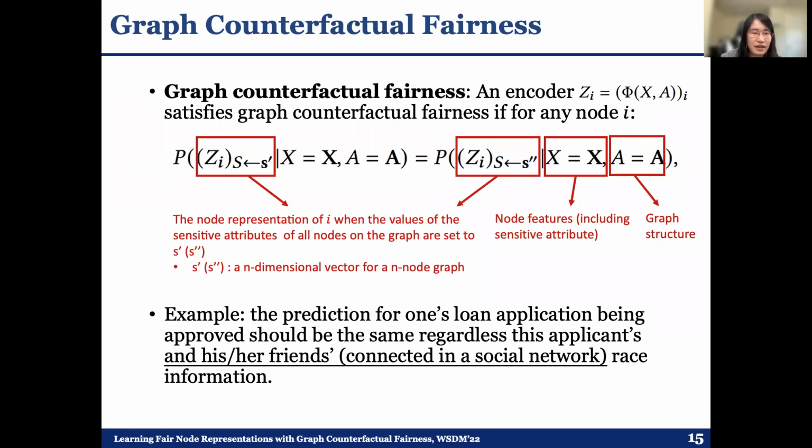If we have n nodes on the graph, we can set the sensitive attribute values of the n nodes as a random n-dimensional vector, but the node representation of each node should always remain the same regardless of these perturbations. For example, the prediction for one's loan application being approved should be the same regardless of the applicant's and his or her friends' race information.